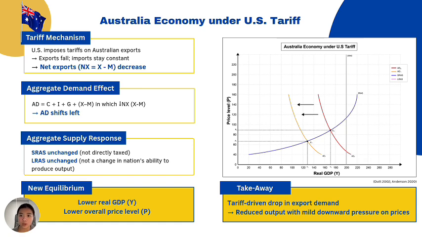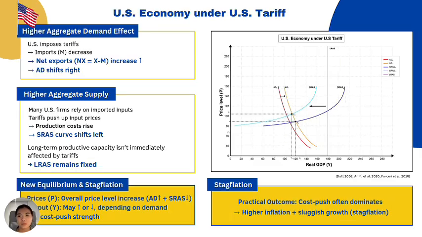Because input costs remain unchanged in the short run, the short-run aggregate supply and long-run aggregate supply curves stay fixed. The leftward aggregate demand shift leads to a new equilibrium with lower real GDP and a lower price level in Australia. So, from the US perspective, higher import prices from all foreign suppliers, including Australia, reduce overall import volumes and raise US net exports, shifting the US aggregate demand curve to the right.